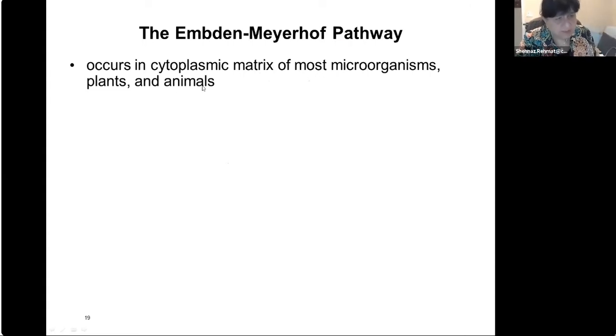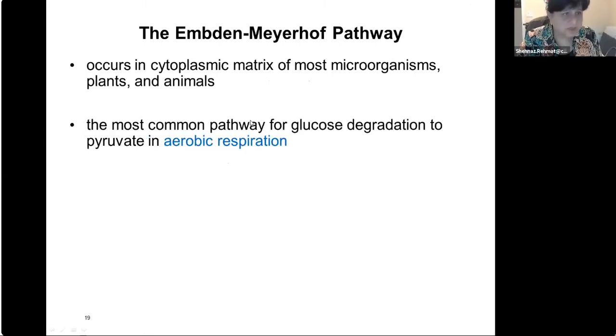Even in eukaryotic plants and animals, you will find this is occurring in the cytoplasm. This is not a membrane-bound pathway, so the enzymes for it are in the cytosol. And of course, this is the most common pathway for glucose degradation to pyruvate during aerobic respiration.